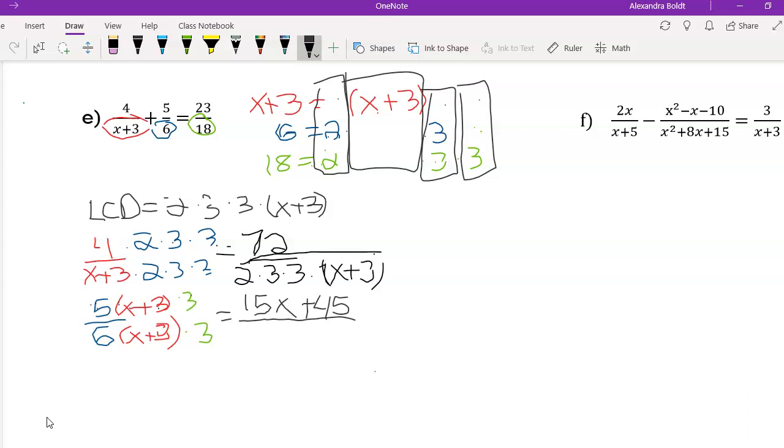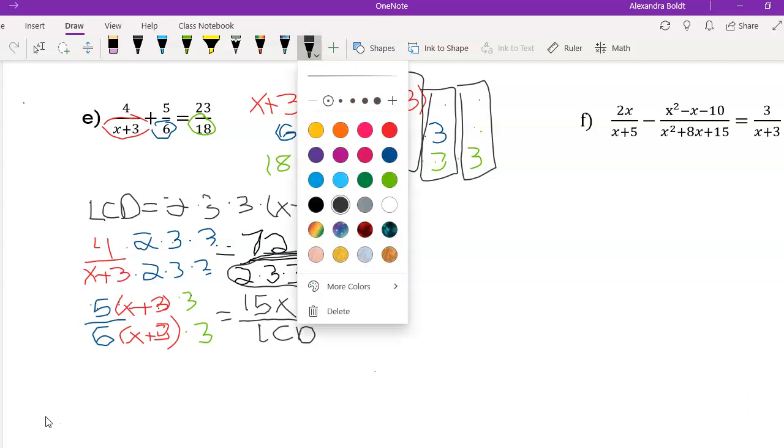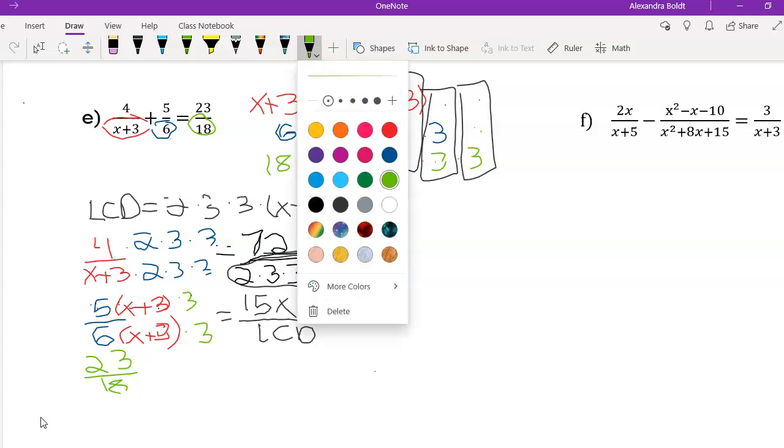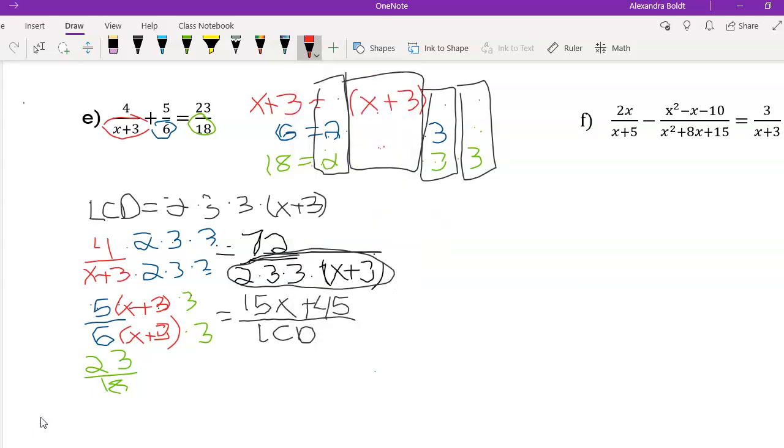Because of my bad stylus, I'm just going to start writing LCD. Okay, so it's over this least common denominator, right? It's the same thing as here. Okay, so then we have 23 over 18. And we're just missing this x plus 3, right?